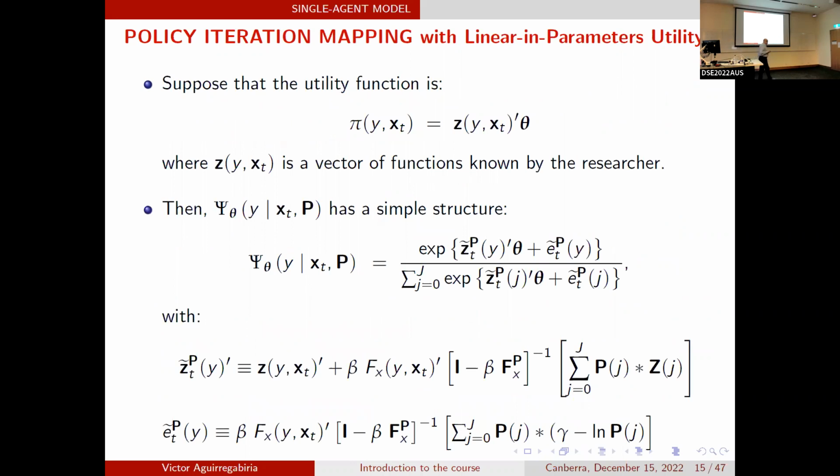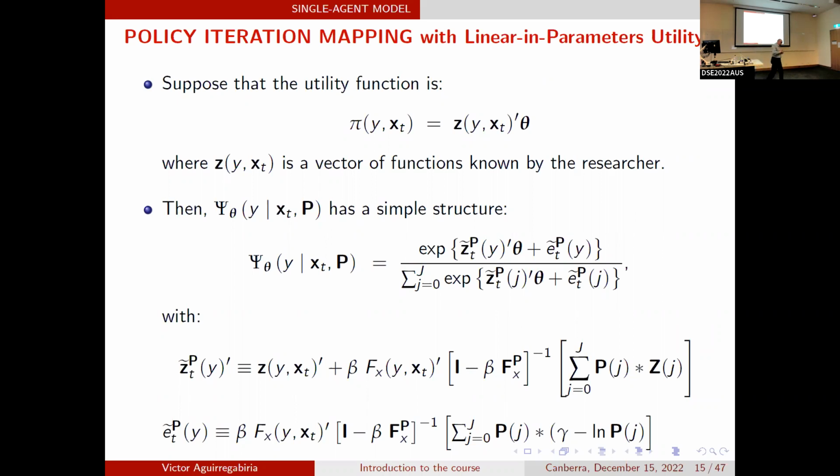An example that is important for the nested pseudo likelihood, because this is for the class of models where this method is particularly efficient computationally or has the main computational advantages, is when the utility function is linear in the structural parameters, okay? By linear, what we mean is that the utility of choosing alternative Y given a state X is a vector of functions of Y and X, okay, multiplying the vector of structural parameters.